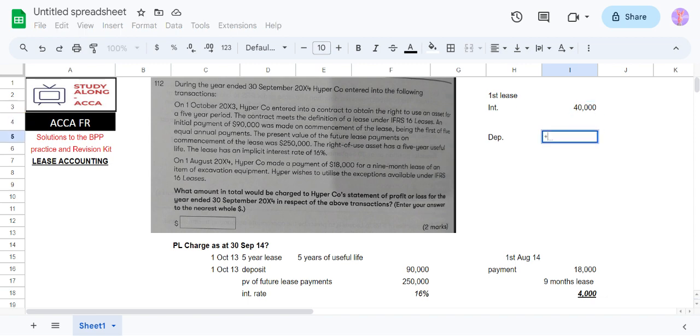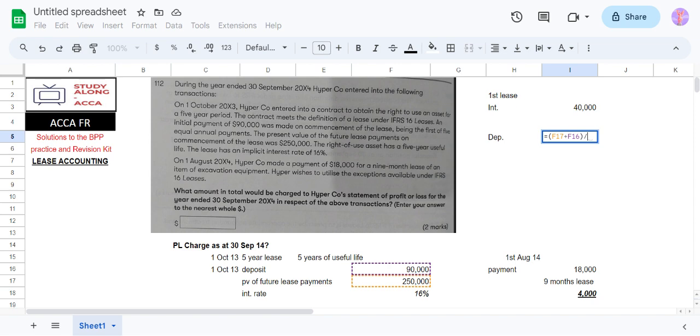The depreciation will be on the present value of future lease payments, 250,000. Remember, there are five yearly installments at the beginning of the year. So 250,000 covers the remaining 4 years of installments, and one installment we have already paid, which is 90,000. So we need to consider this also. So this will be our depreciable base, 340,000.